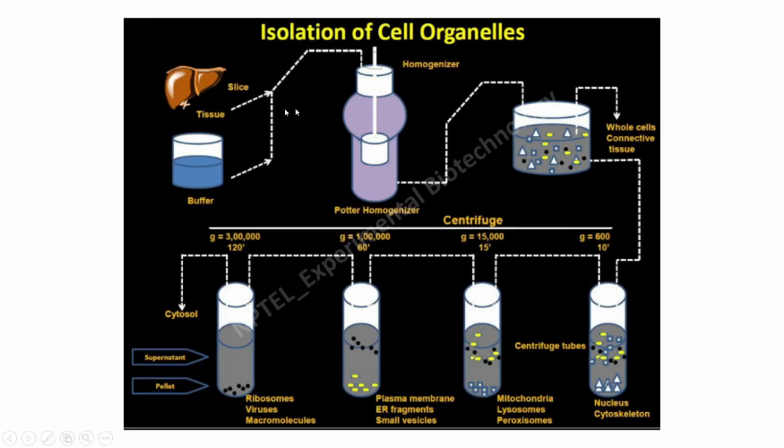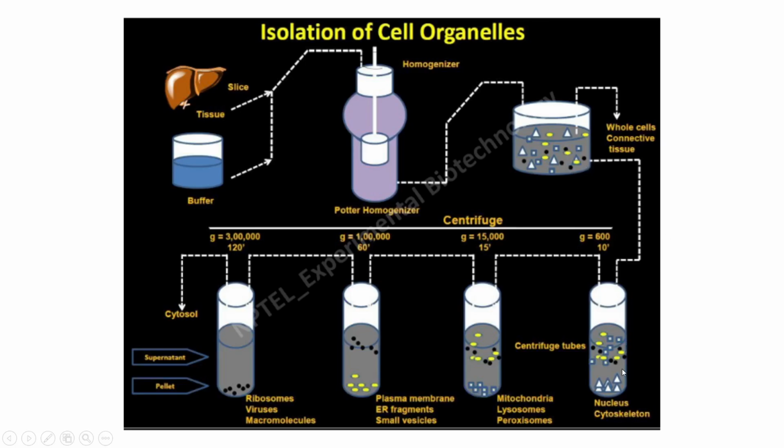Once you have, let's say, a tissue sample, you will slice it and chop it and put it in a buffer and then do homogenization, where all the cells will be broken apart and will be in a homogeneous solution, and that solution will have different components. They will have the nucleus, the mitochondria, lysosomes, plasma membrane, and then the ribosomes, viruses, macromolecules, everything.